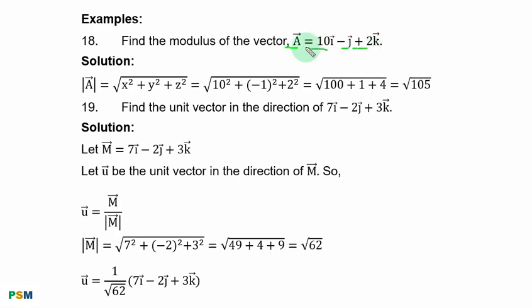This vector has 3 components, so the modulus of vector A is equal to square root of square of the first component plus square of the second component plus square of the third component.